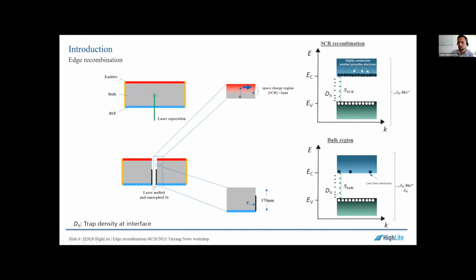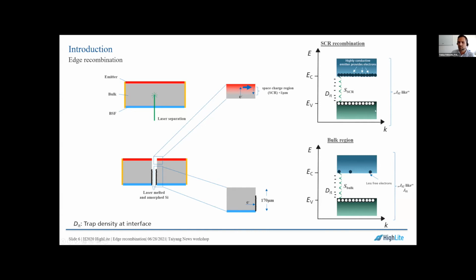Looking at a k-space diagram, the conduction bands hold lots of electrons here, and then, due to the dangling bonds on the surface, which is characterized by the trap density at the interface, these electrons can easily recombine there.